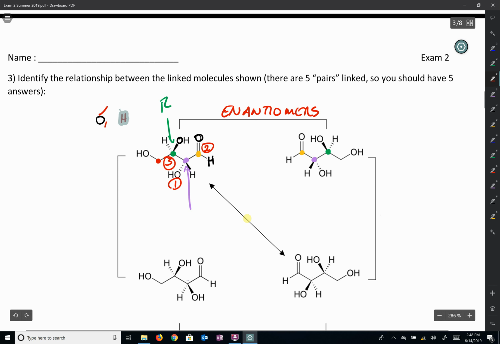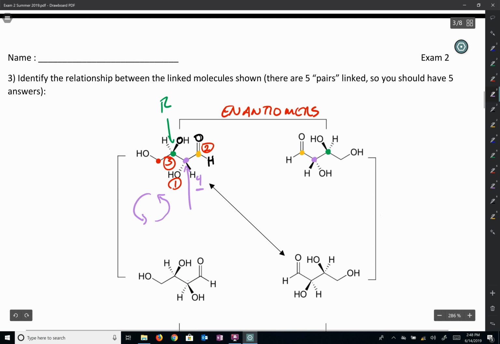All right, just cleaning this up. So back to looking at that purple carbon. The way we have it numbered right now, it appears to be counterclockwise. But the 4 is facing towards me here.